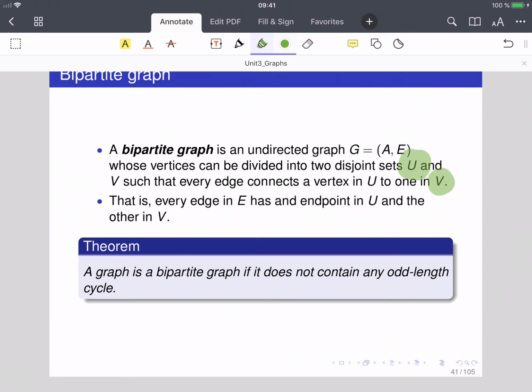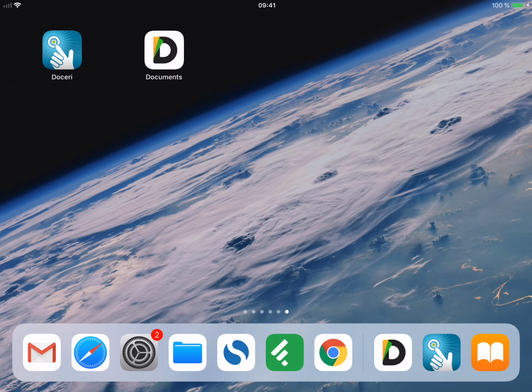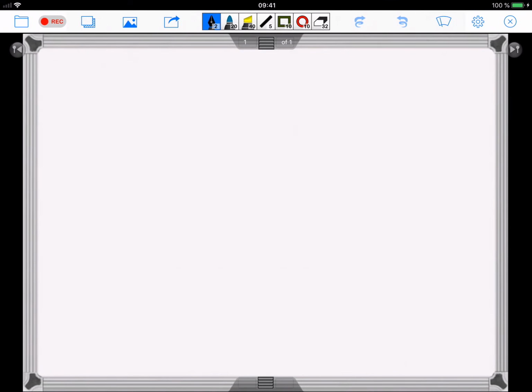And let me give you an example to see that in general we can have more than one way to divide vertices in a graph to make it bipartite.